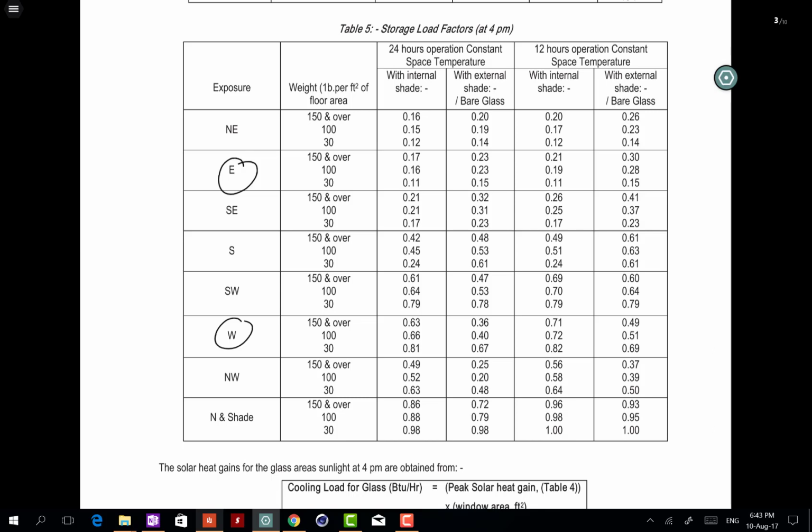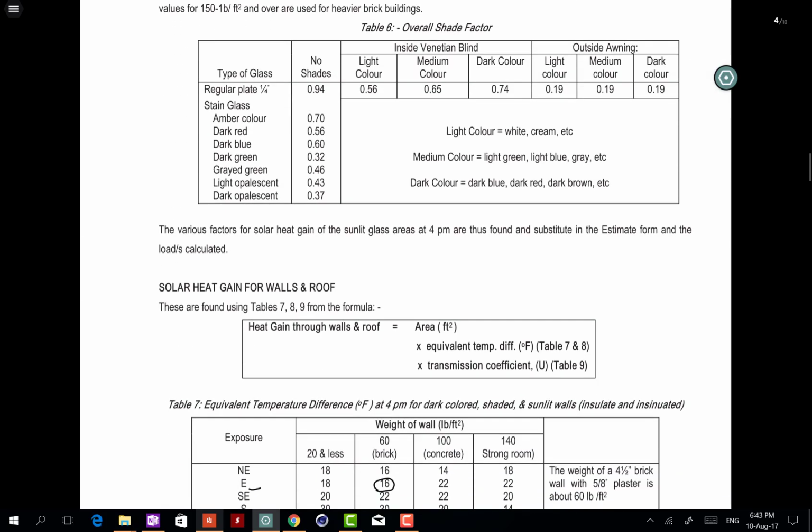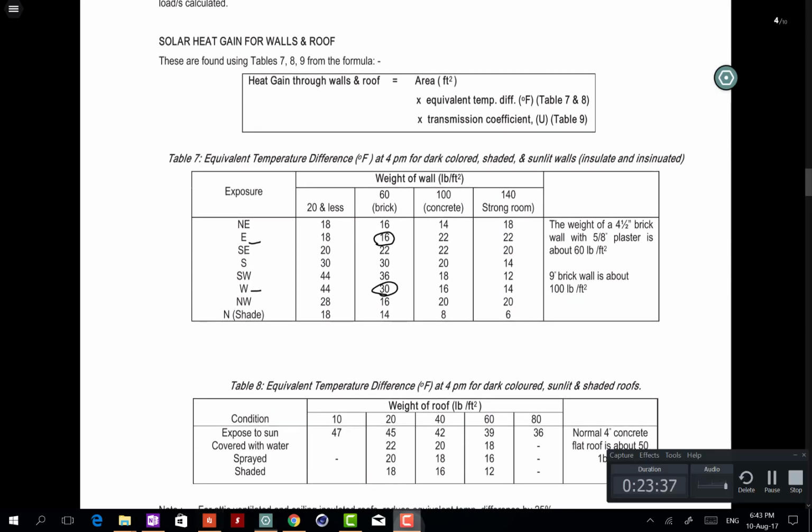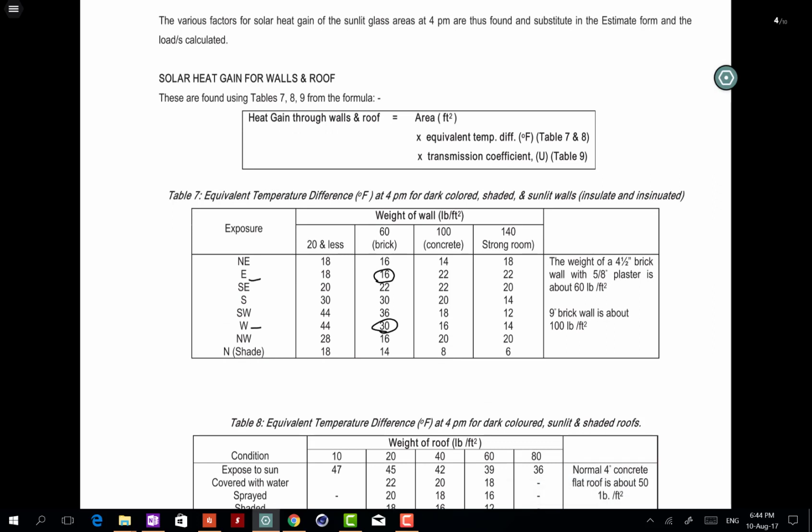So we know that the wall is made by brick wall. So in this brick wall, to check the weight of the brick wall, we can refer here. For half brick wall with 5/8 inch plaster is about 60 pound per square feet.